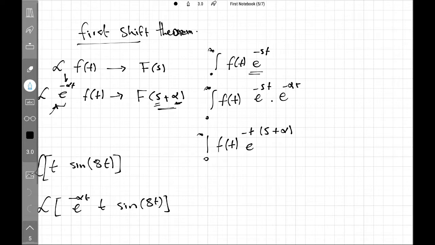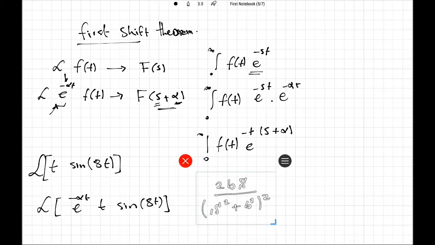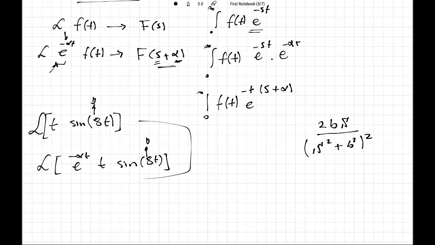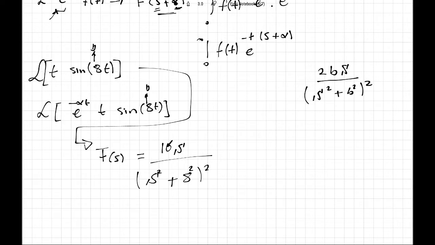If you come here and paste the formula, now what is b? b is 8. Sorry, here b is 8, so the Laplace transform will be 16s divided by (s squared plus 8 squared) squared.